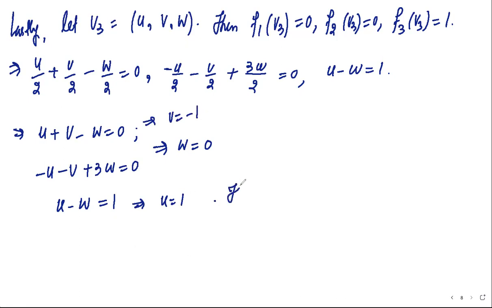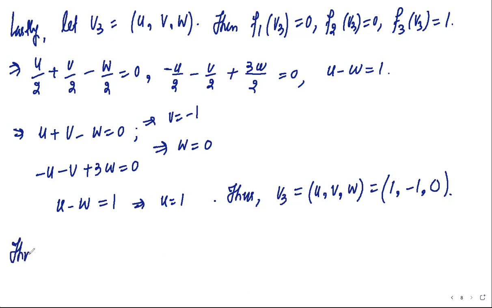So thus v3 is equal to (u, v, w), where u is equal to 1, v is equal to minus 1, and w is equal to 0. So this was our third vector, v3, in the ordered basis beta.